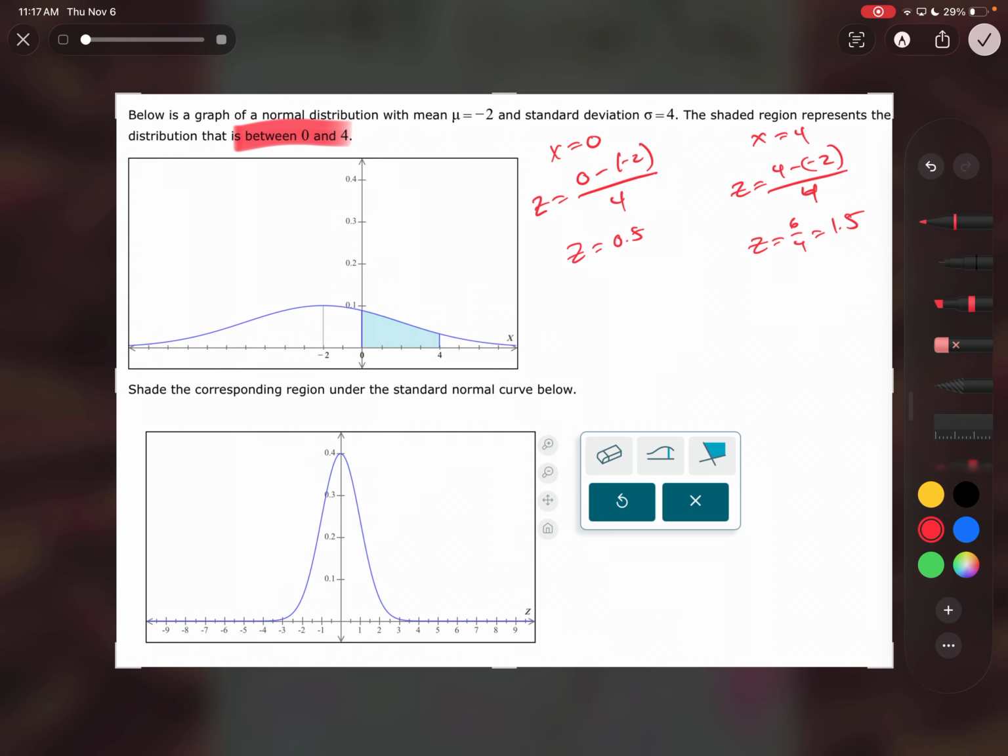So you have to find the z-score for both of them. And then I come over here and say, okay, I'm doing between 0.5 and 1.5. So I go to 0.5 and I go to 1.5, and then I shade between those.